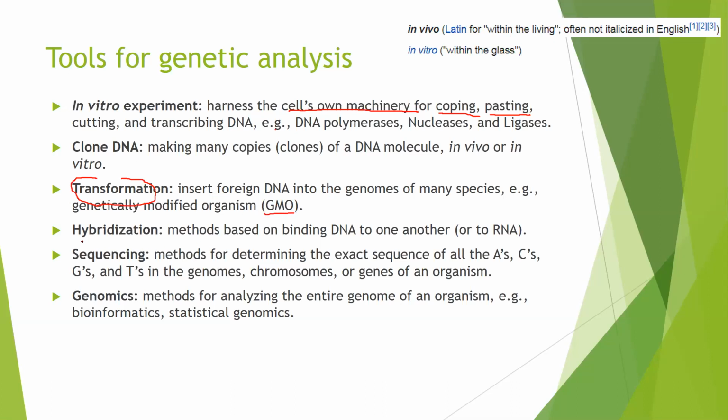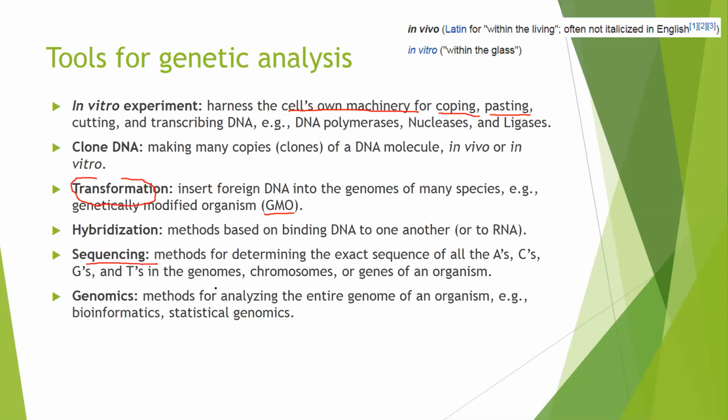Another tool we can use for genetic analysis is hybridization. As you know, DNA can bind to DNA, and DNA can also bind other molecules like RNA. We can leverage these features to do experiments and understand genetics.